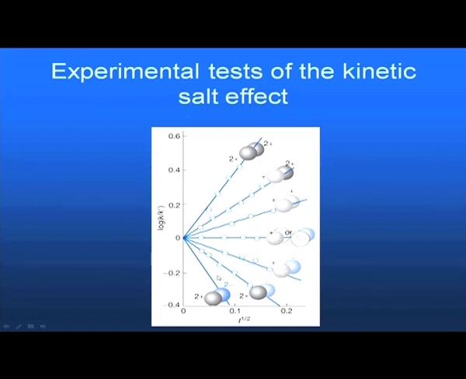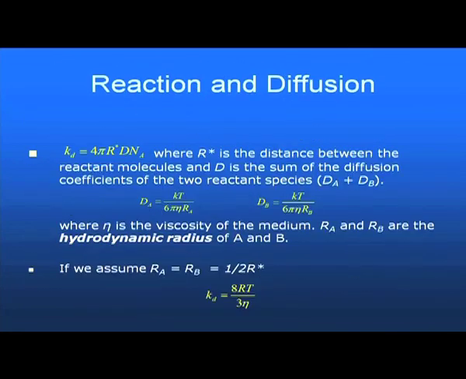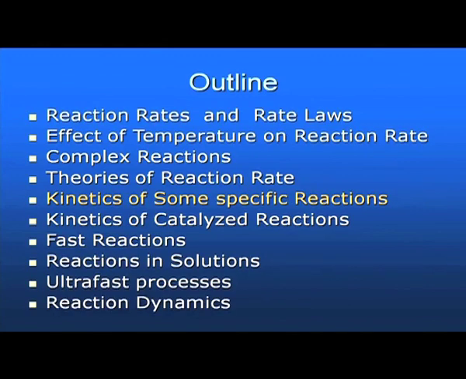So in this particular section, where we dealt with the kinetics of some specific reactions, especially ionic reactions, we looked at how these ionic reactions are affected by the presence of other ions in solution. That is a very important part that we have taken up and tried to explain.